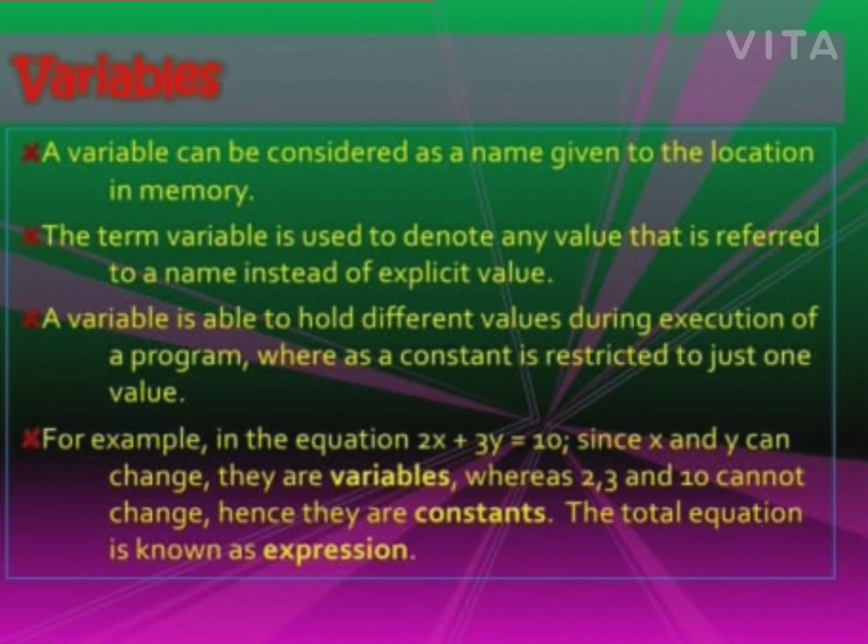Variables are the entities which can take different values during the course of execution of the program. That is, their value is not constant. For example, class of a student, salary of a person, value of x and y in your max, etc.